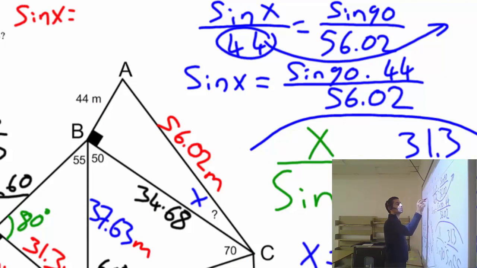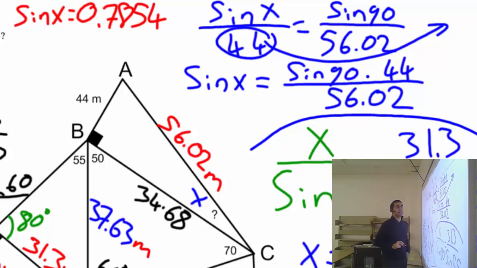Sine x equals 0.7854. And now I can use sine minus 1 to find out x.